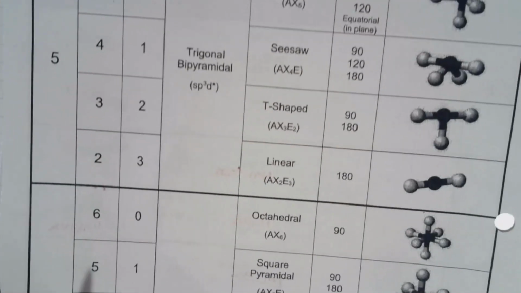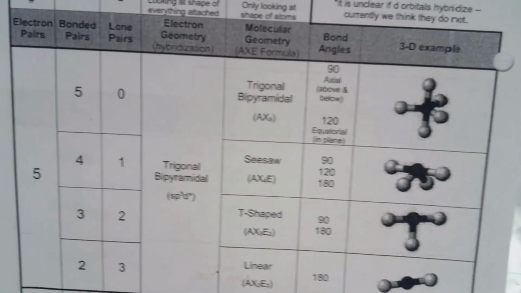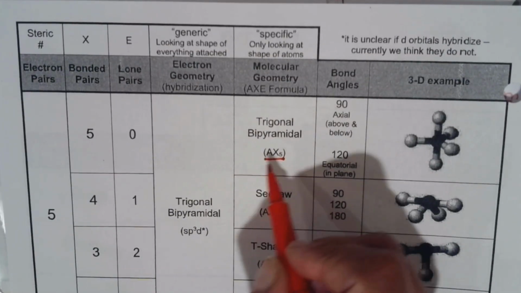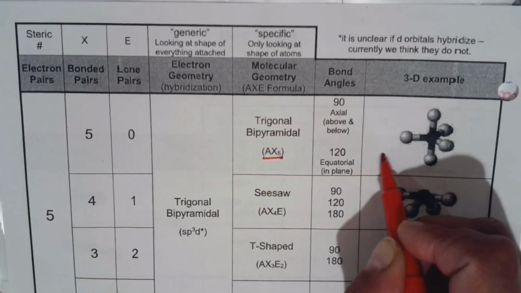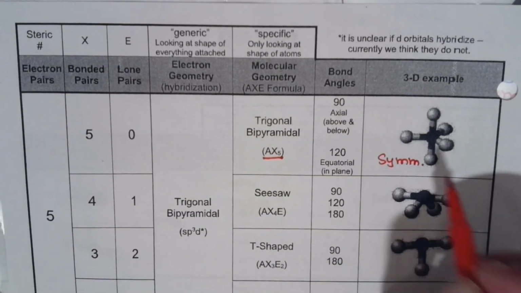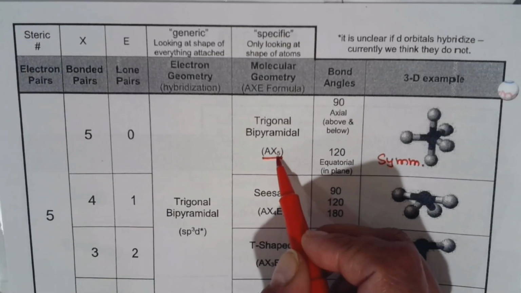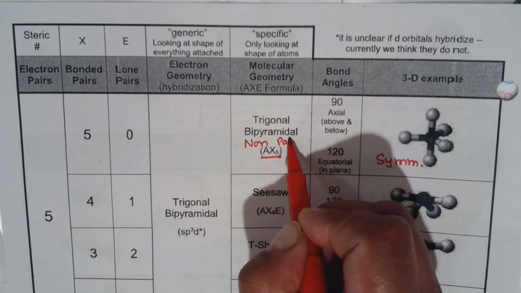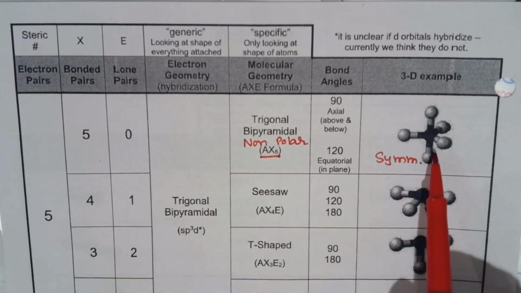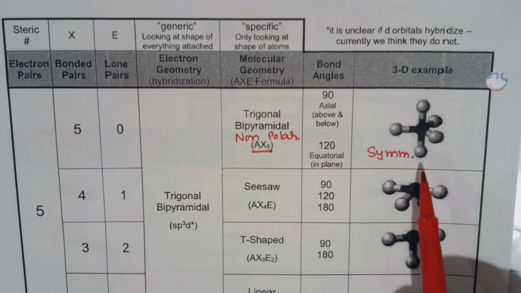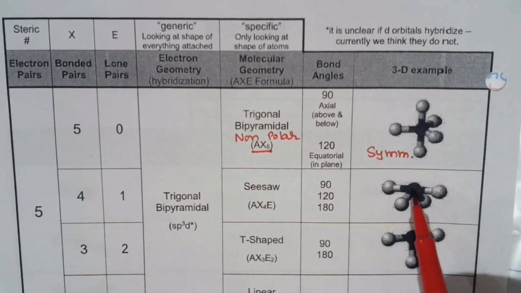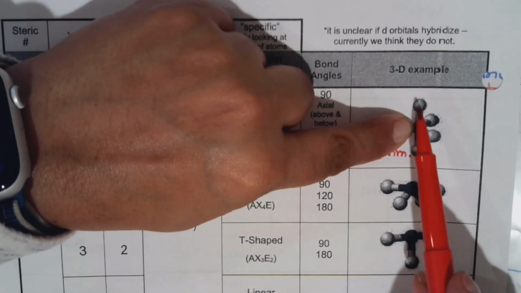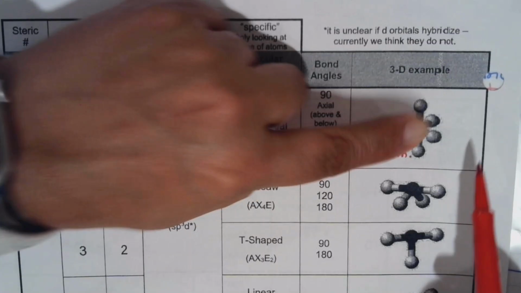Okay. Now we can see the same thing with the trigonal bipyramidal shape. When all the X atoms are the same, right? This shape is symmetrical. Trigonal bipyramidal is symmetrical when all the X atoms are the same, and hence this is a non-polar shape, right? But when you replace a bond pair with a lone pair, for example, if you remove this one right here, the shape becomes like a seesaw, right?